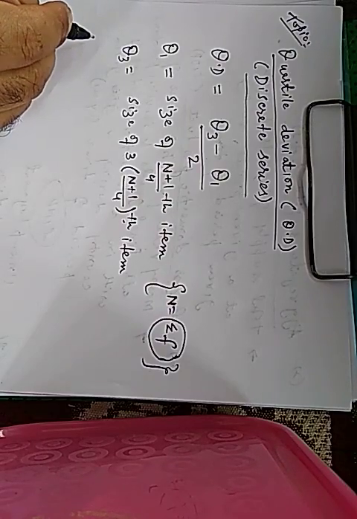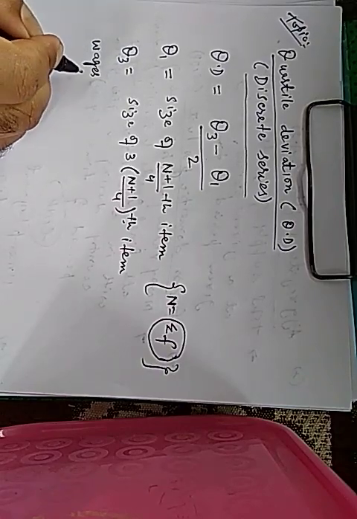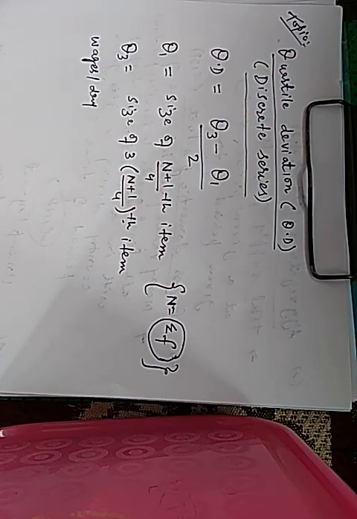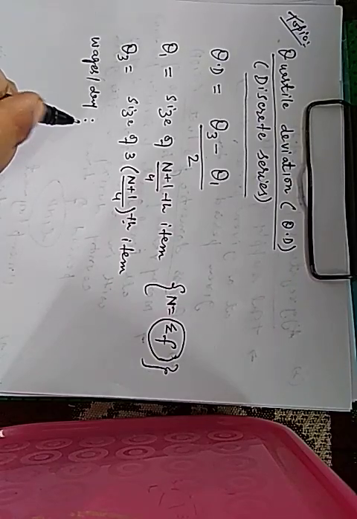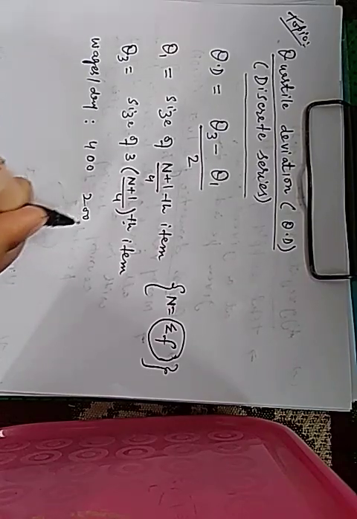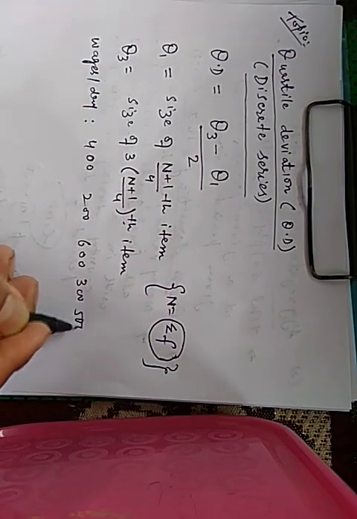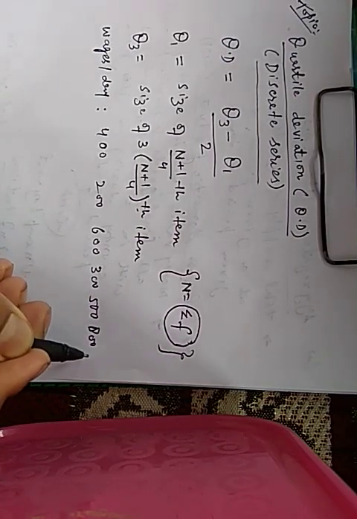For example, wages per day of few workers is given as, we will take hypothetical values, 400, 200, 600, 300, 500, 800 and 900.